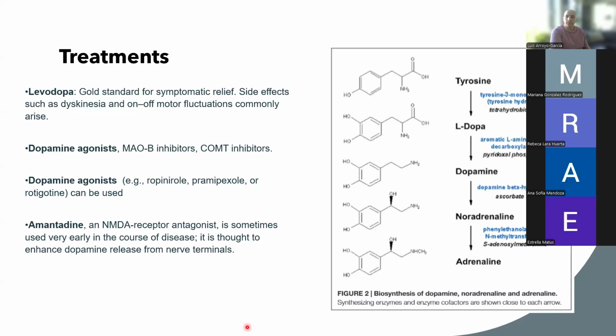So basically, a part of the brain called substantia nigra is affecting different pathways of the dopamine.